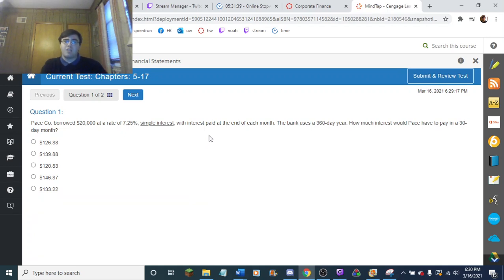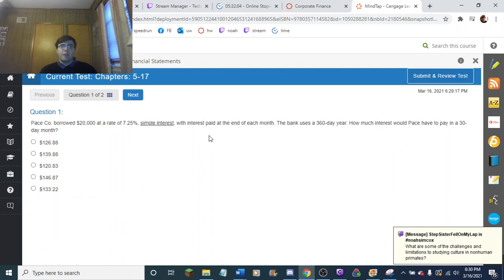There are 12 months in the year still, so couldn't you just use your calculator? But this is simple interest, so it doesn't work, right? So it doesn't work if you do that. The simple interest is equal to the principal times the rate. So first let's figure out the monthly rate. It's that divided by 12.